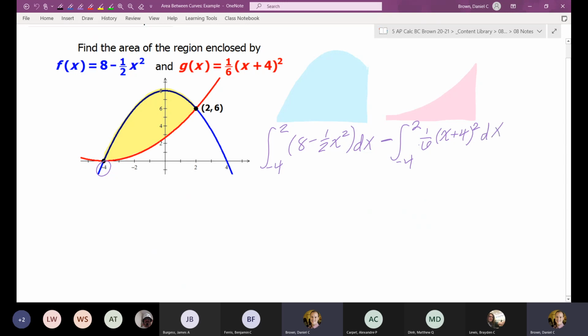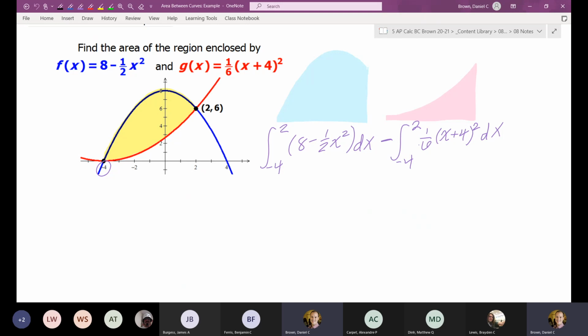And then we could find that antiderivative. From here, this is where this chapter just gets tedious. We set it up, we know that's going to represent the area, find the antiderivative twice, plug in the top, minus plugging in the bottom. There are some things that we can do to simplify this integral, not that it will really save that many steps with calculating it. But what we will often see: these are two integrals, so I have the area of the blue minus the area of that pink purplish color.